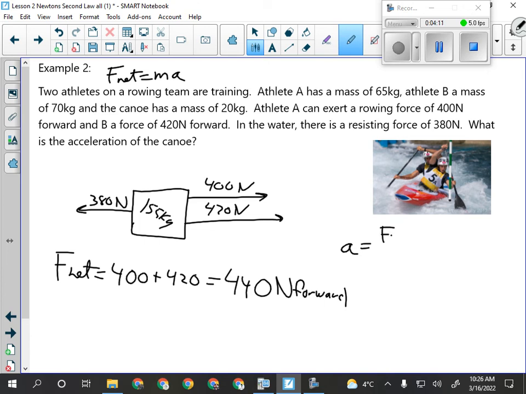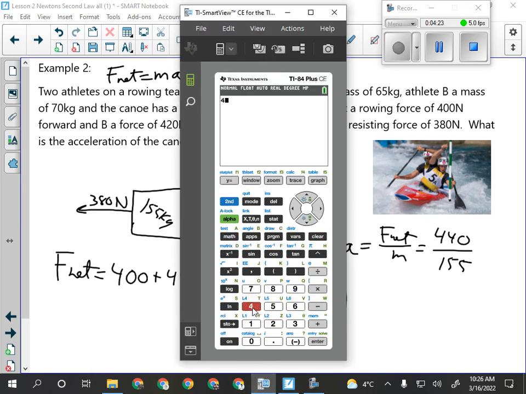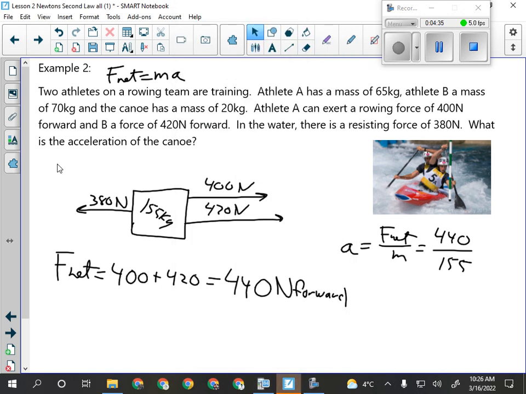Acceleration is F net over m, and that's going to be 440 divided by 155 kilograms. So 2.8. We only have 2 significant digits here. So 2.8 meters per second squared forwards.